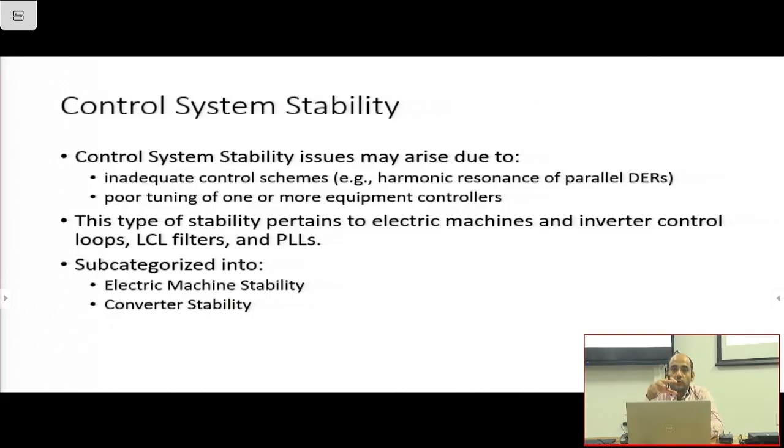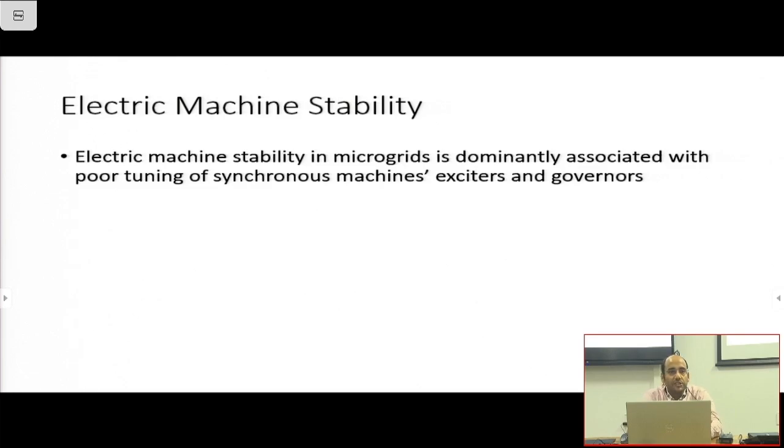Whether it is machine or inverter, their controls are important, and that is why it is categorized into two categories: either electric machine stability or converter stability. When you talk about electric machine stability, there are two main things. One is the excitation system and one is the governor system. If you do not design the excitation system and the governor system properly, you may have certain issues.